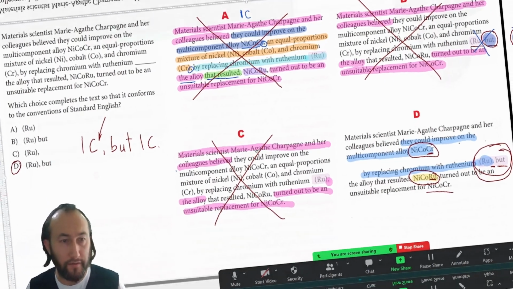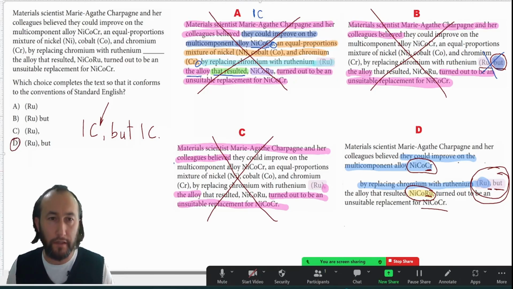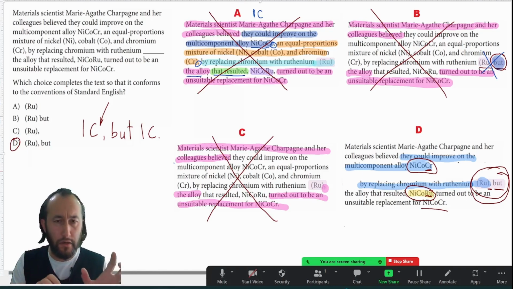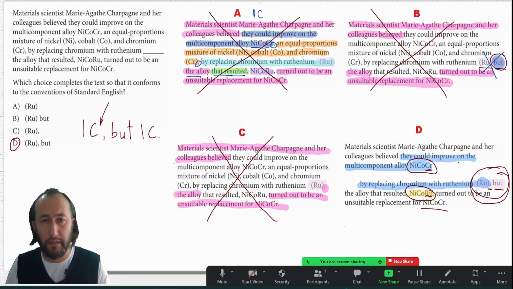So we're going to stop here. If something is still not clear, write in the comments and I'll try to explain more. In the next video, I'm going to explain how to break the sentence into small pieces. What is a phrase? What is a dependent clause? What is extra information? What is an independent clause?